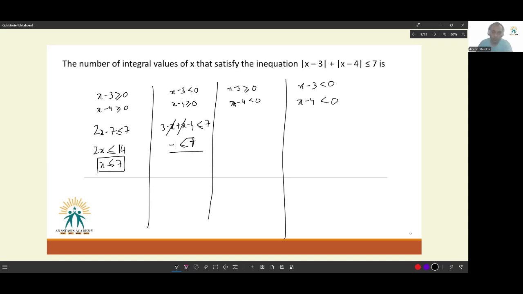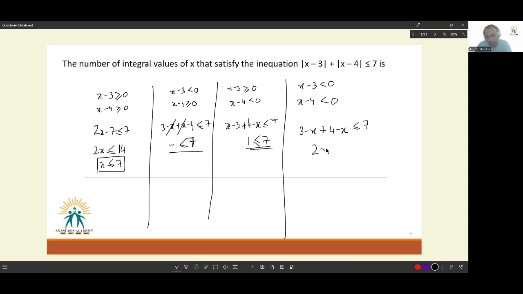Okay. Coming here, we get x minus 3 plus 4 minus x is less than or equal to 7. So from here, we get 1 is less than or equal to 7. While this is again true, this does not help me identify the range of x. Here we will get 3 minus x plus 4 minus x is less than or equal to 7.